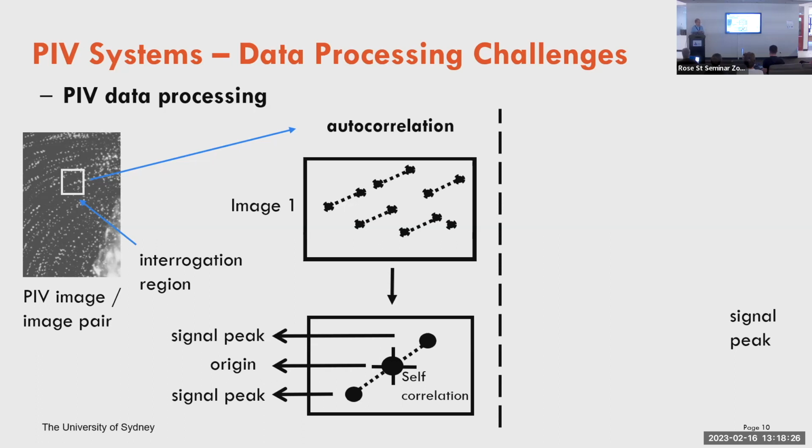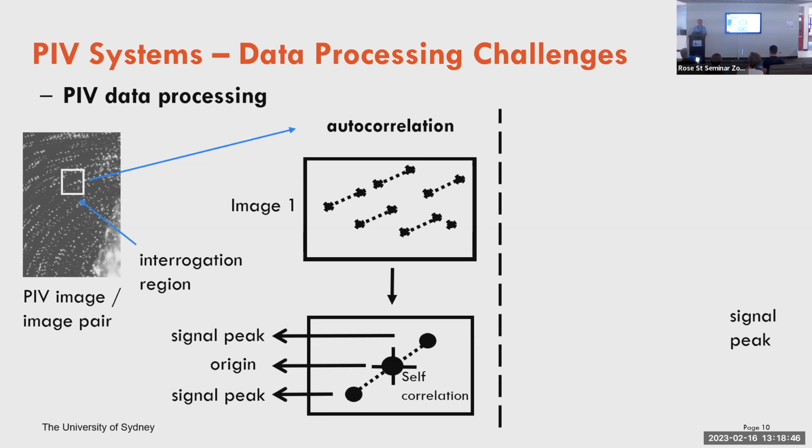The autocorrelation works very well, but the problem is you get self-correlation in the middle, which is a huge peak depending on the quality of your images, and you get two peaks telling you the statistically dominant direction.